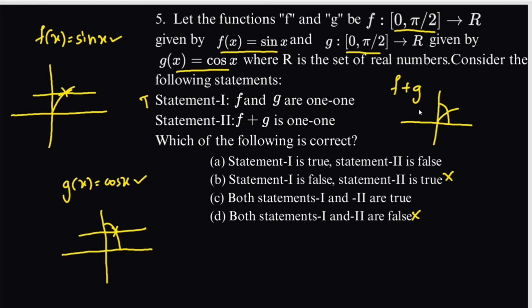So for this, if I draw a horizontal line, what happens? I am drawing it here. You can see it cuts the graph at two different points, correct? Since it is cutting the graph at two different points, it is not one-one. So that means statement 2 is false. So here you can see option C says it is true. So this is discarded. So option A will be correct.